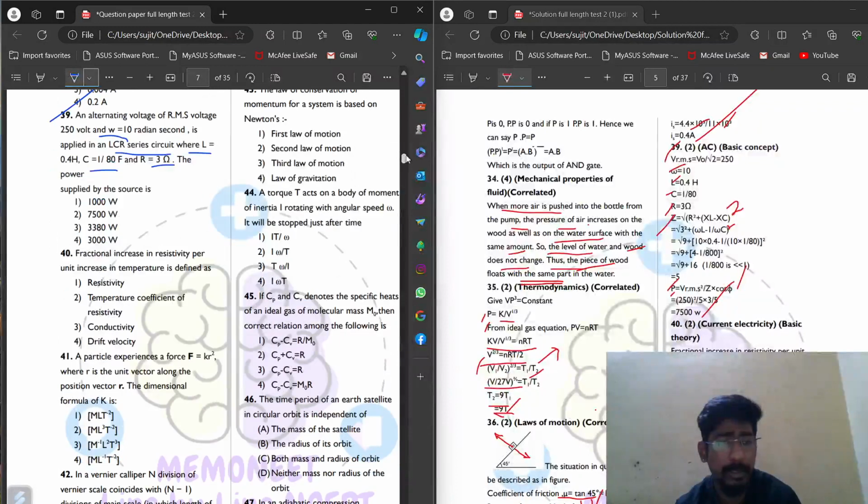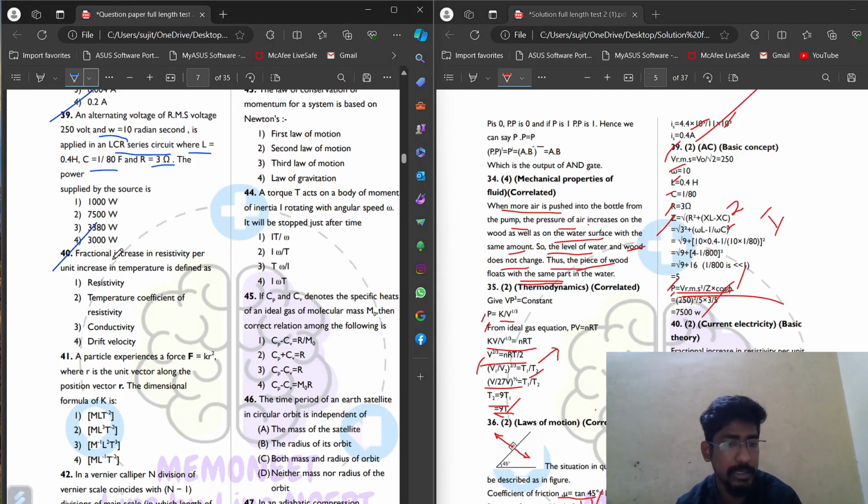There is another formula I already told you: P equals I RMS into V RMS into cos phi, where cos phi is the power factor. You can use either formula, because I equals V by Z. They just substituted the value of I with V by Z, so they got this formula.